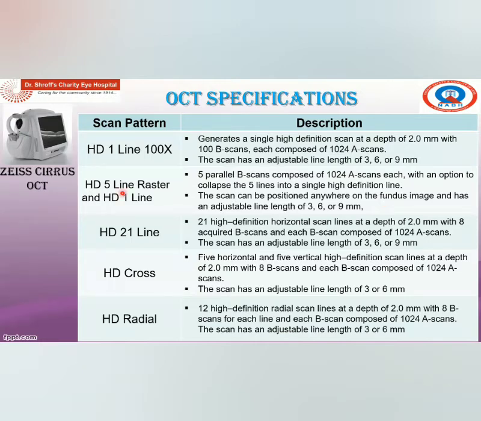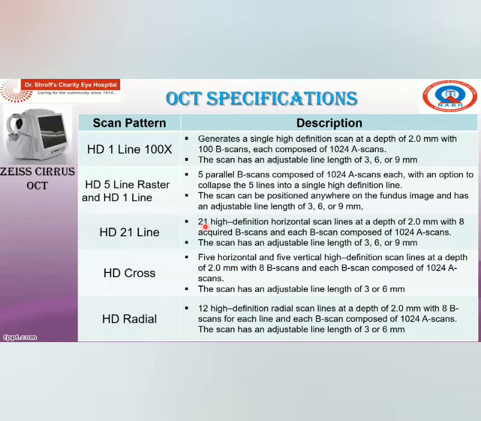HD 5-line raster means 5 parallel B scans, and we can change the spacing between them, shifting from 0.025 to 0.5. We are taking 5 scans, and we can also shift the distance between two lines. So if we have any macular pathology, we can detect it with this HD 5-line raster.